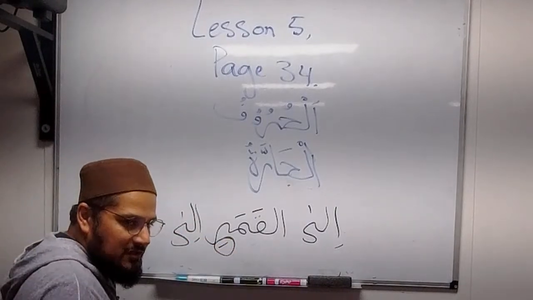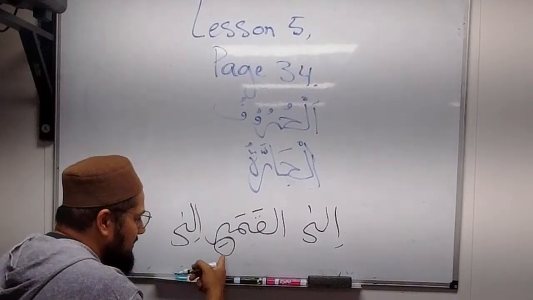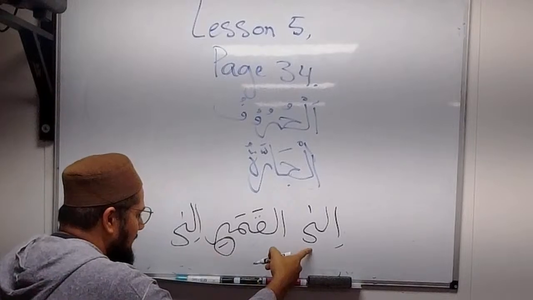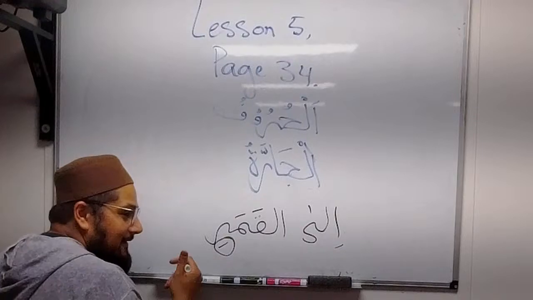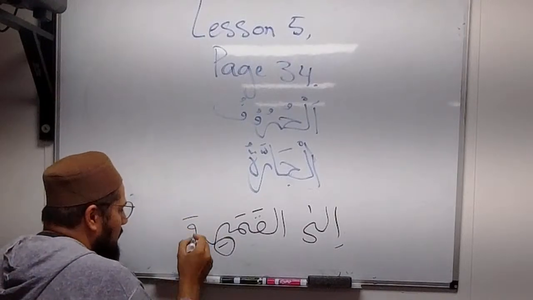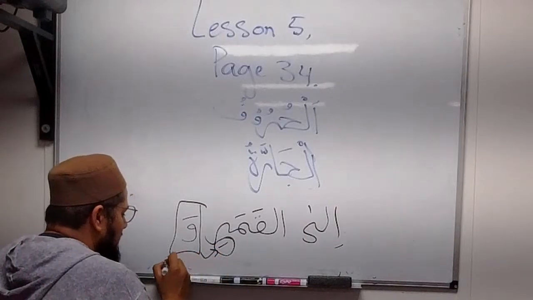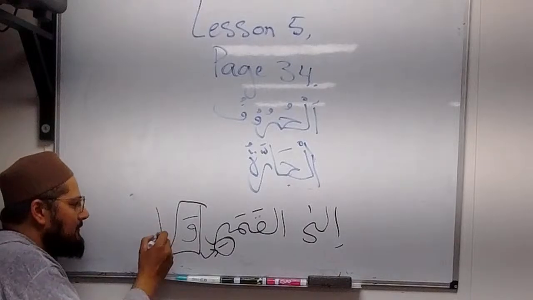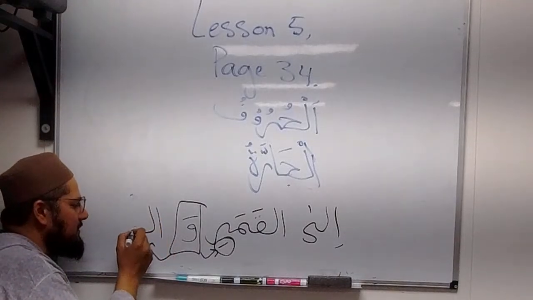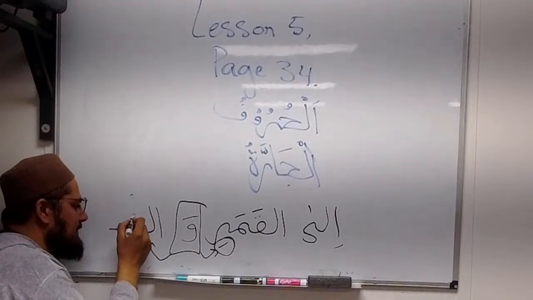This is in the jar state because of what? Because of the ila. What wa does is it has the capacity to bridge this jar state to the word after. And then what's the word for stars, guys? Stars. Najm.